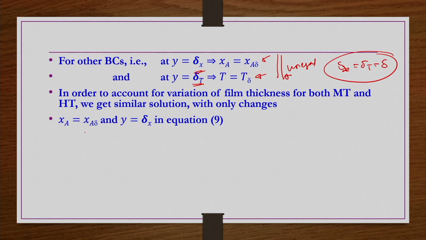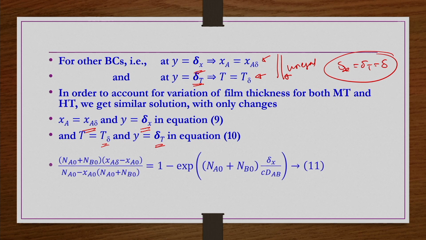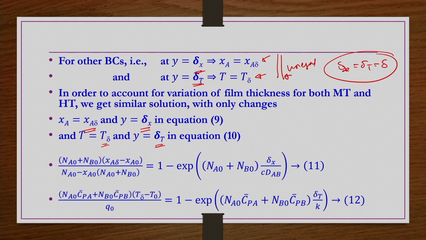So now in equation number 9, wherever XA is there you replace it by XA delta, and wherever y is there you replace it by delta x. Similarly in equation number 10, which is the heat transfer solution, you replace t by t delta and y by delta t. Then you have equation number 11 and 12 as solutions.